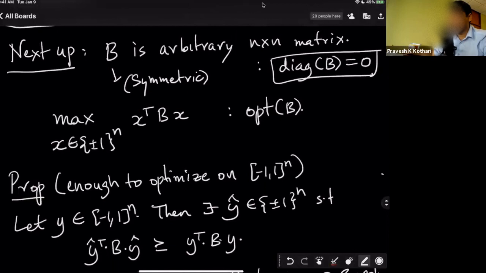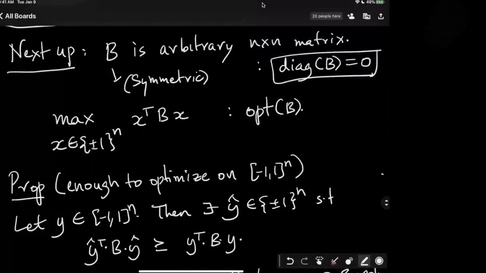If that's not true, say the diagonals of b were all less than 0, then the maximum can only be 0 over the solid hypercube, the solid hypercube +-1 to the n. Optimizing a negative diagonal matrix is simple. Not totally sure if that carries over into the corners thingy, but there might be a way that we don't have to make this diagonal 0 assumption, and we can make this result.